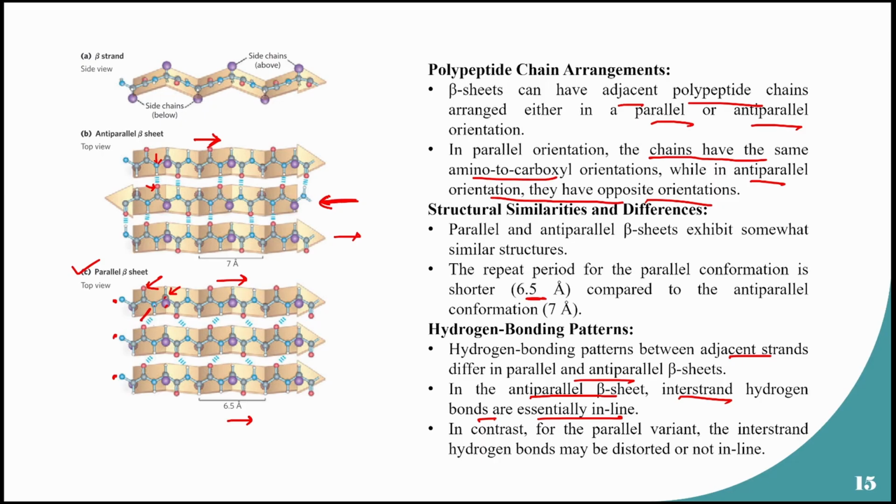This is related to the positioning of the particular atoms of the amino acids in the different strands. That is exactly what is said here: in the parallel variant, the interstrand hydrogen bonds may be distorted or not in line. Due to them not being in line, the hydrogen bonding forms at an angle, and this gives rise to the parallel beta sheet structure.